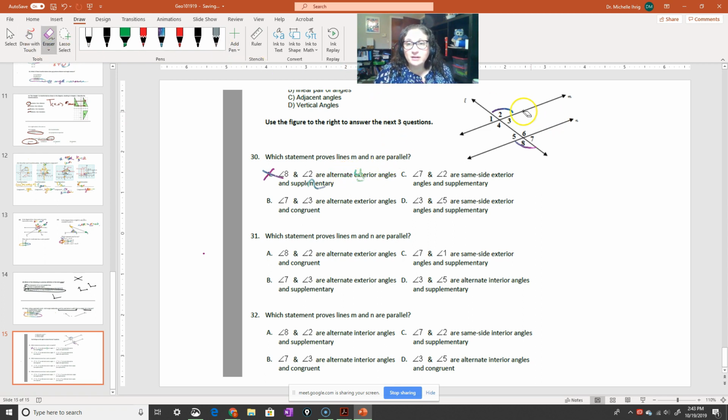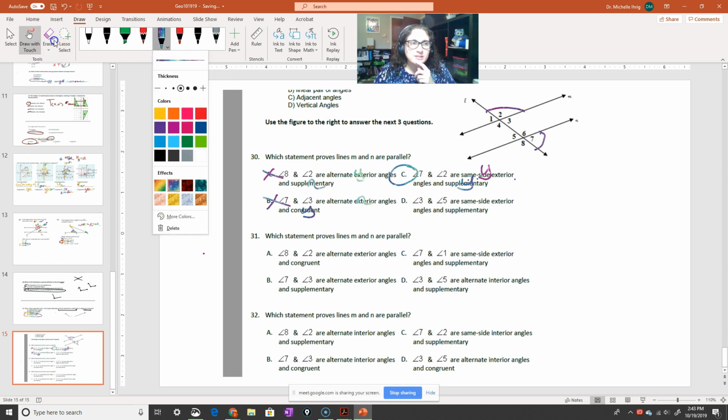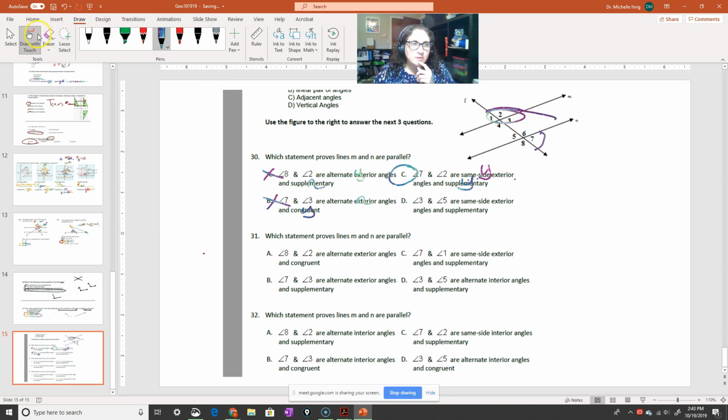Angle 7 and angle 3 are alternate exterior angles? Nope, they're corresponding angles. Yes, they are congruent, but still it's not choice B. Angle 7 and angle 2 are same side exterior, yes, and they're supplementary, yes. So it's choice C, but let's prove that it's not choice D.